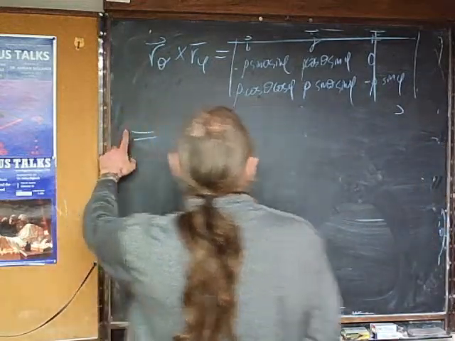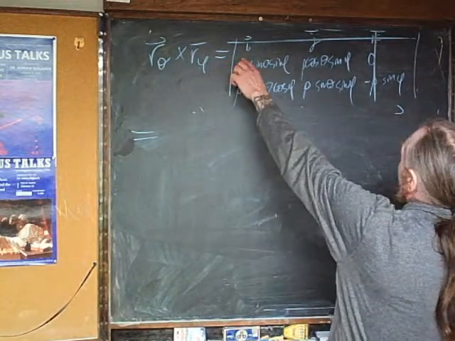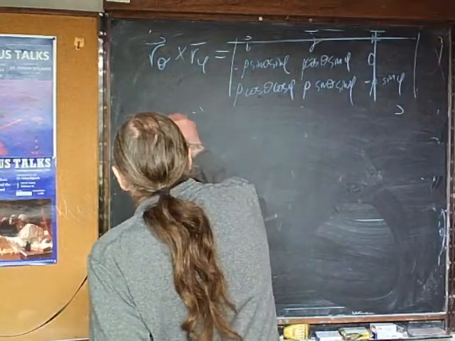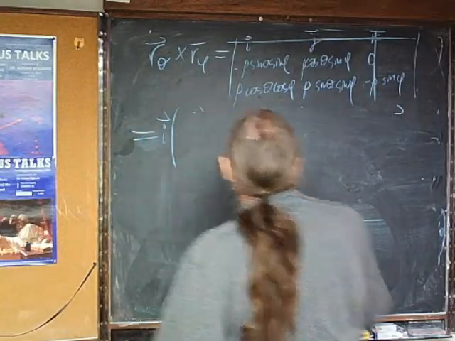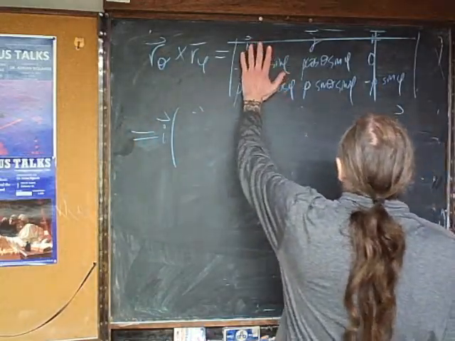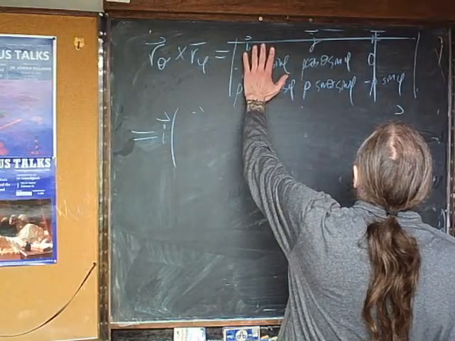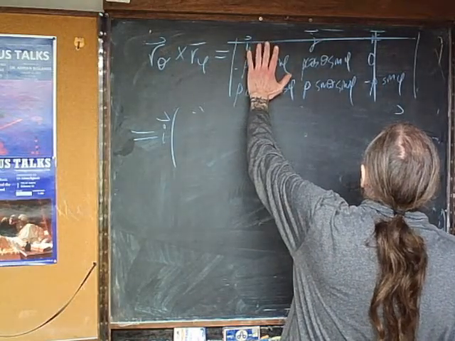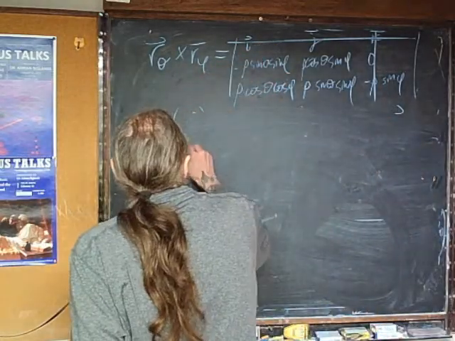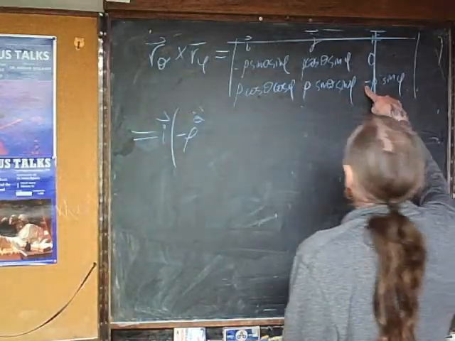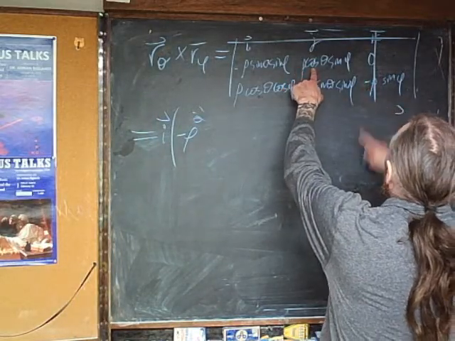This is equal to, let's go slow, i times, what do I get? It's this one blocked out. You get a rho squared, right? Negative rho squared, yeah. And then cos theta sine squared.